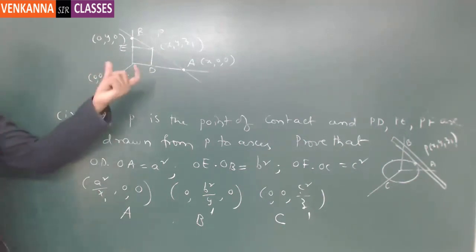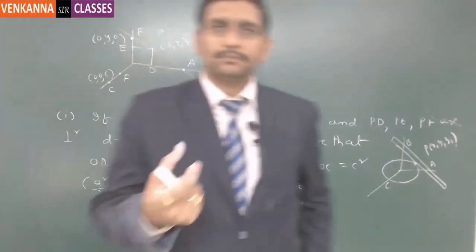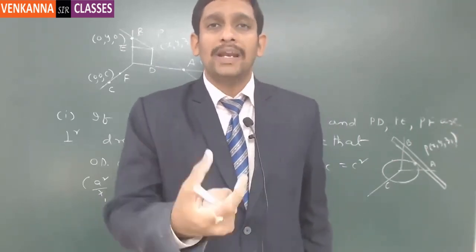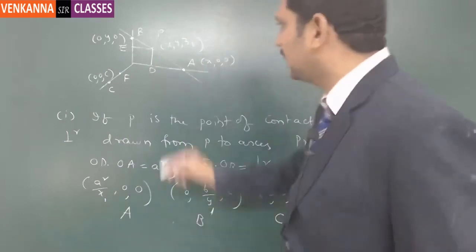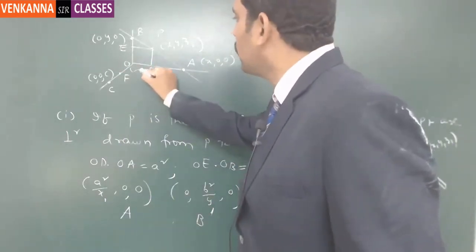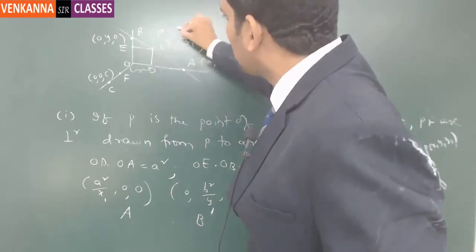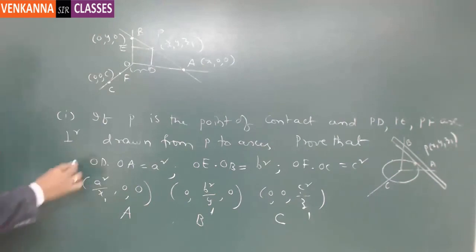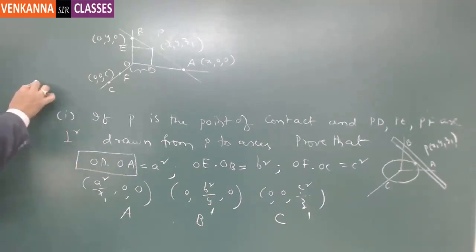So please understand, whenever you have specified the coordinates of a point, here this is the origin, so OD is nothing but the x coordinate x1. Accepted. If you want to consider the LHS part, OD into OA, OD is x1 and OA is x.